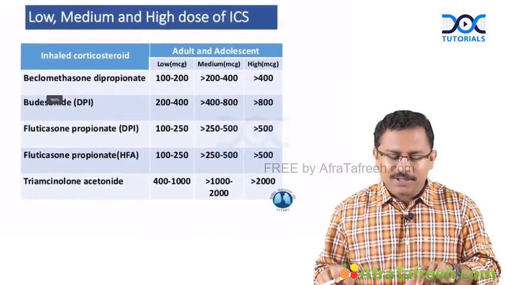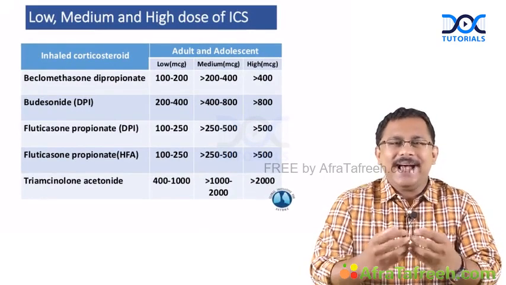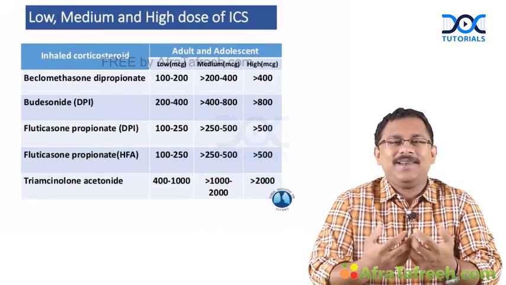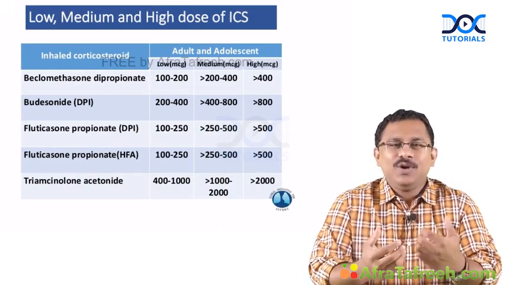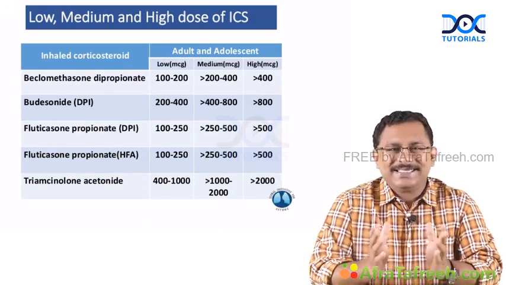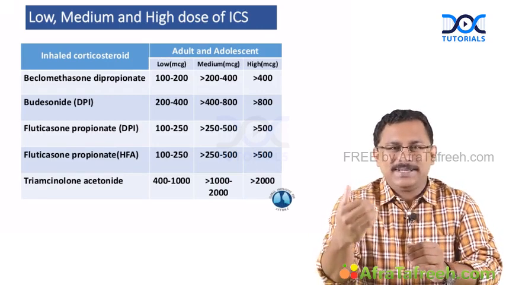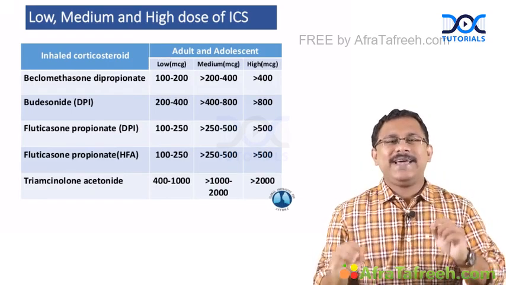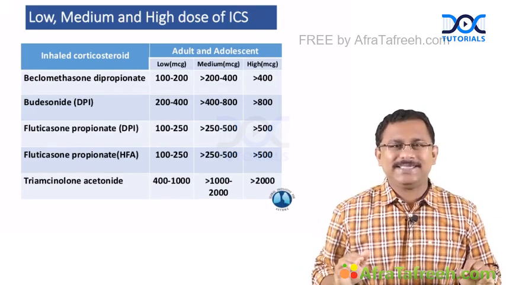Now inhaled corticosteroids, the point you have got to know is, in ICS you have different formulations. You have different agents available, and the individual agents are available in low dose, medium dose and high dose. So why is it essential to know this? Because when I teach you the guidelines, in a short while, I will be using terms like low dose ICS, medium dose ICS, high dose ICS.